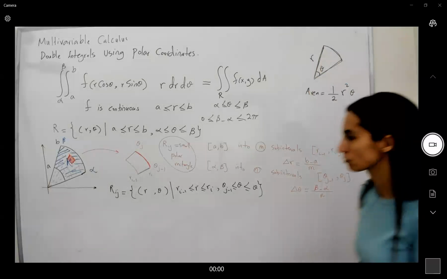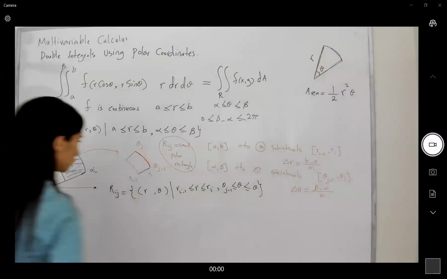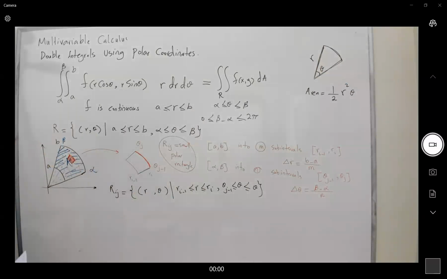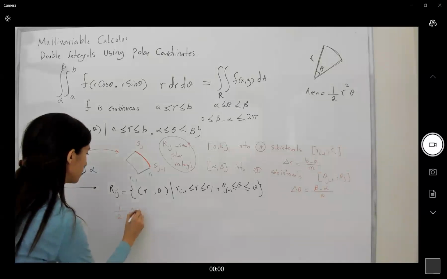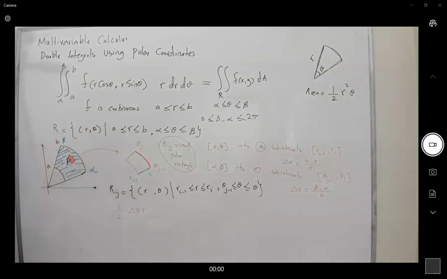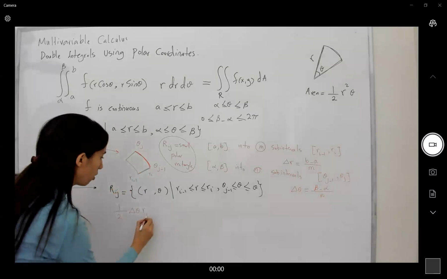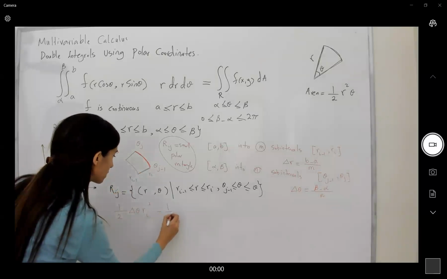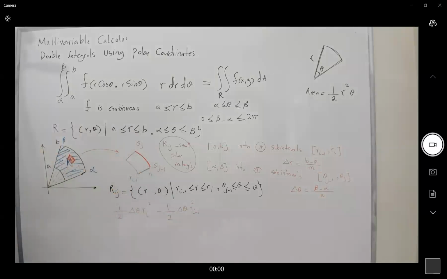So the area of this little piece is equal to a half delta theta R, but your R is actually changing. So we have to take these two into account: a half delta theta Ri squared minus a half delta theta Ri minus 1 squared.